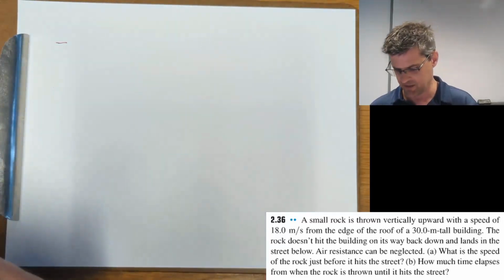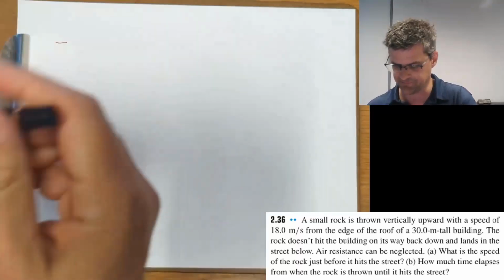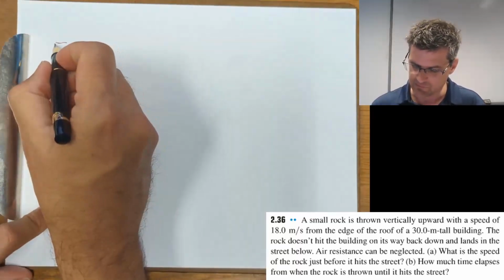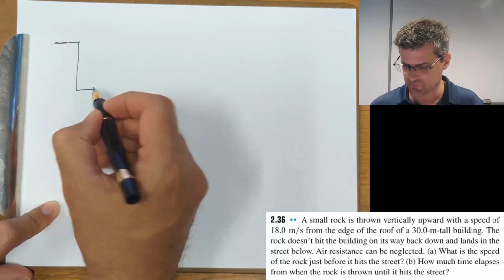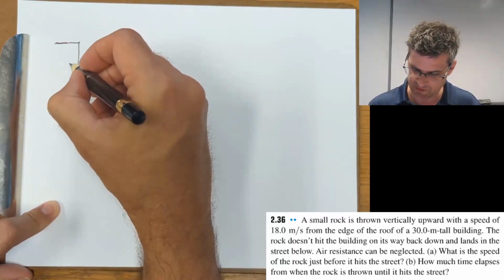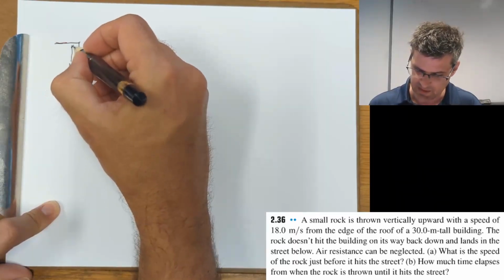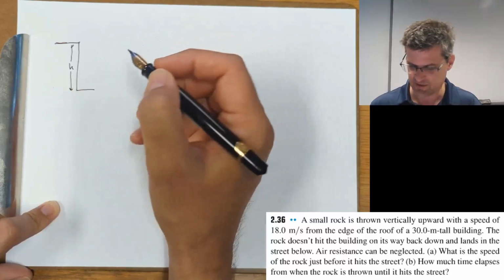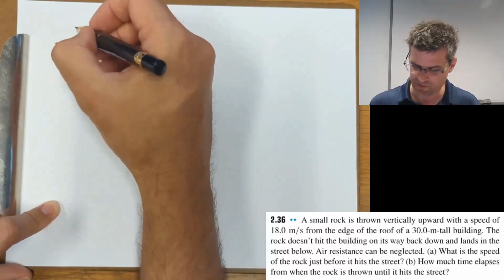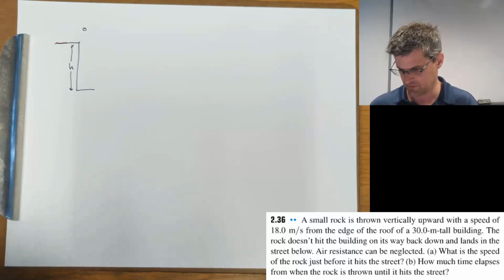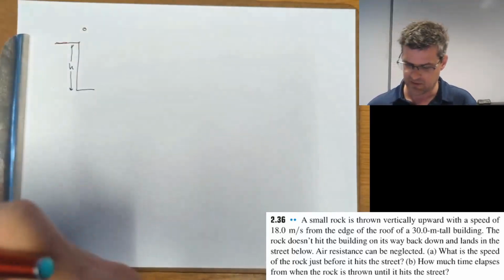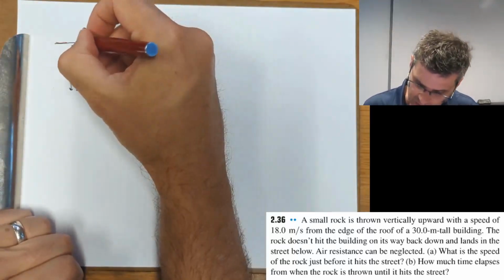Let's use black. We'll get to red a little bit later. So here's our building. It has height h. And we're going to throw a ball that has a parabolic y position.